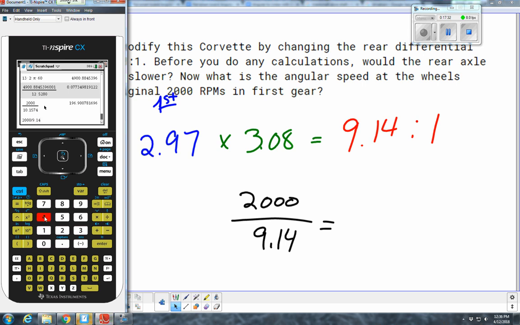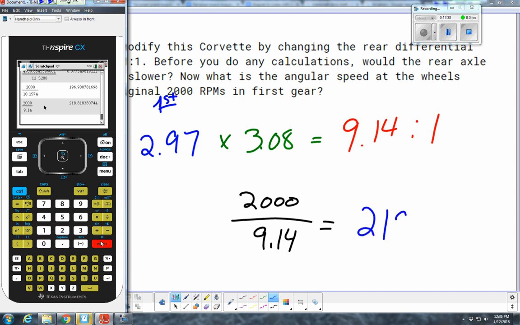So 219 revolutions per minute at the wheelbase, which is higher. The other one was 197, and now we're going to 219. So for you boys that like to change these differentials just for the fun of it, know that if you put a lower number in the back, it's going to go faster. If you put a higher number in the back, it's going to go slower.